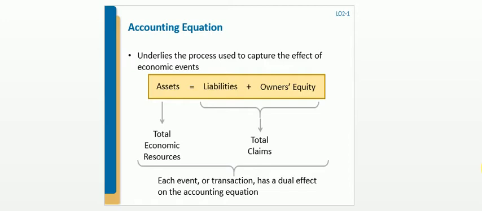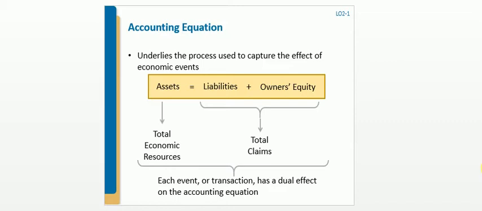In other words, assets minus liabilities equals owners' equity, assets minus owners' equity equals liabilities, or most commonly, assets equals liabilities plus owners' equity. Assets are the total economic resources, and liabilities plus owners' equity is the total claim.